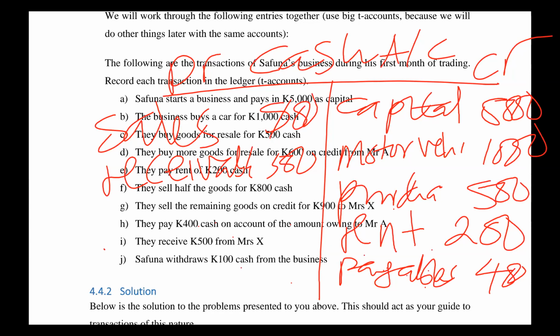So we are not using the individuals. We are checking those key accounts, which usually are able to reflect on the trial balance. On the trial balance, you can never see the names of people. You can just see the payables, the debtors, those things, not really the names of the people, isn't it?